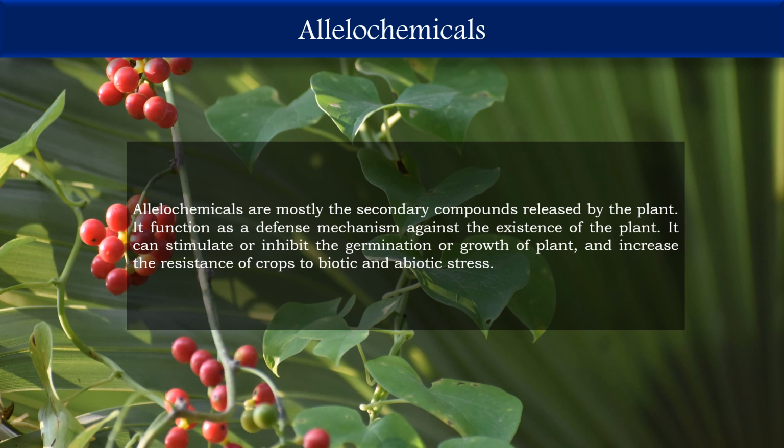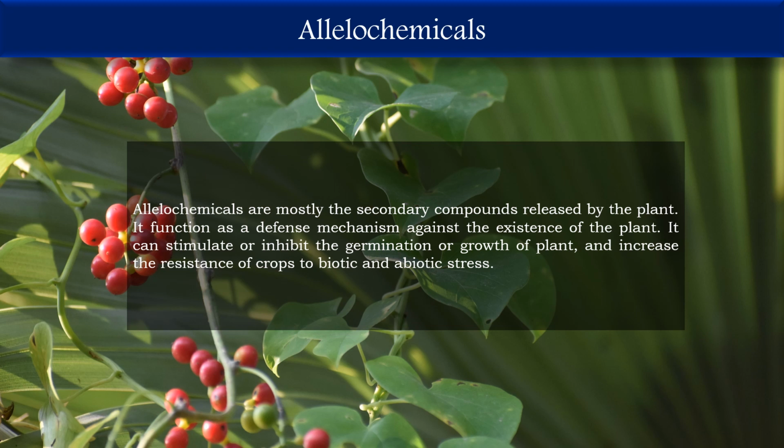Many allelochemicals, or you can say many secondary compounds, inhibit certain target-specific plants. It does not always strike every plant; it strikes only some specific plant species, and it is a subdomain of chemical ecology.